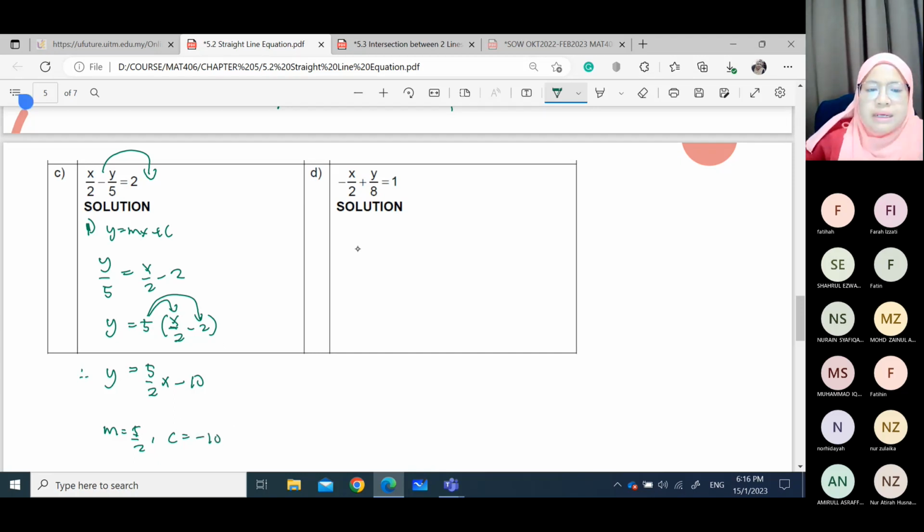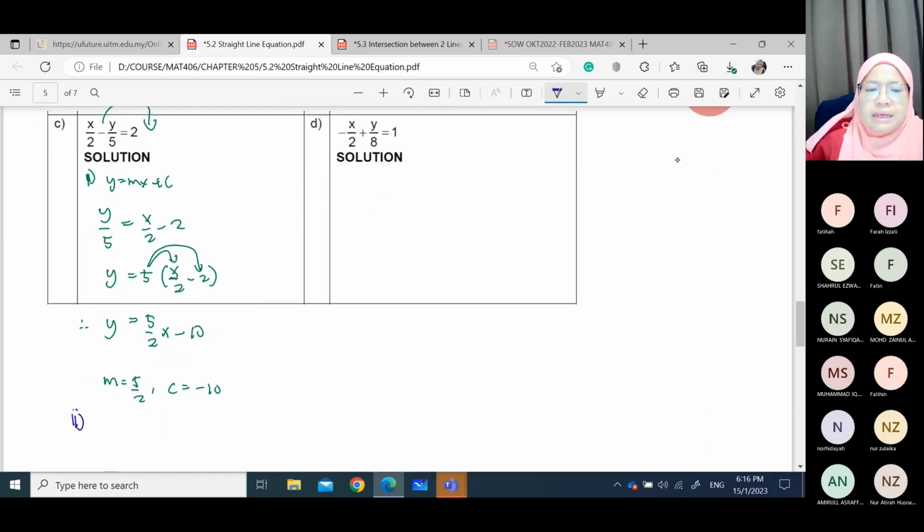Alright. Okay, so in general form, we have in terms of ax plus by plus c equivalent with 0.